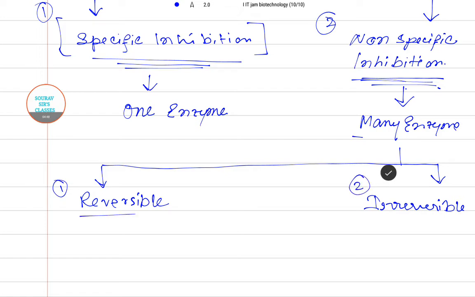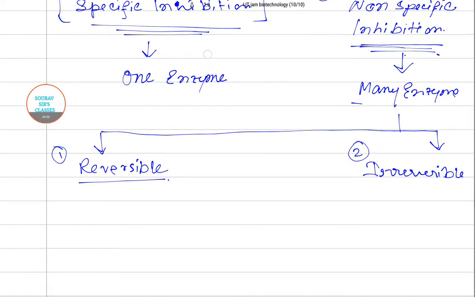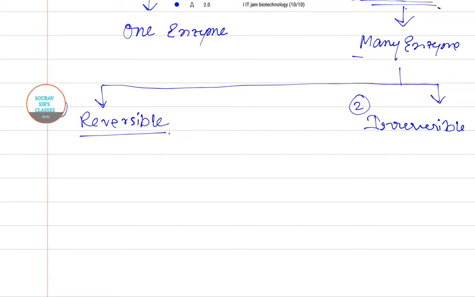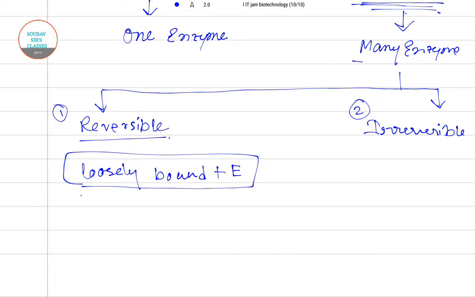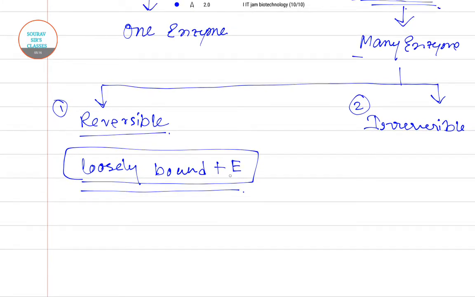Now what are reversible inhibitors? Reversible inhibitors are those inhibitors which are loosely bound to the active site of the enzyme. After some time, they dissociate from the active site of the enzyme.